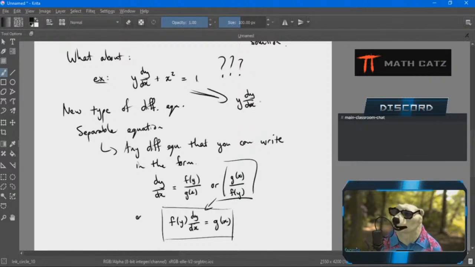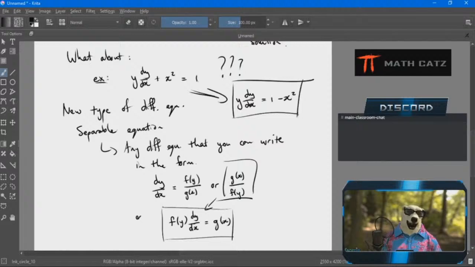Maybe this is the easiest version to get a handle on, the one in the box, though I can see the general form in different ways. Perhaps this is the best one. When I have the derivative with all the y's with it, and on the other side of the equation all the x's, then it's going to be a separable differential equation.